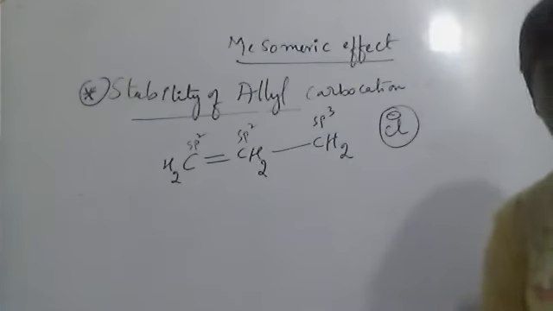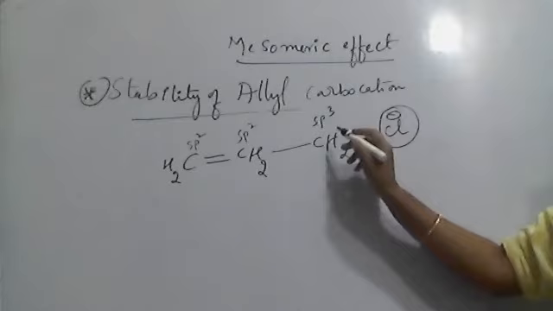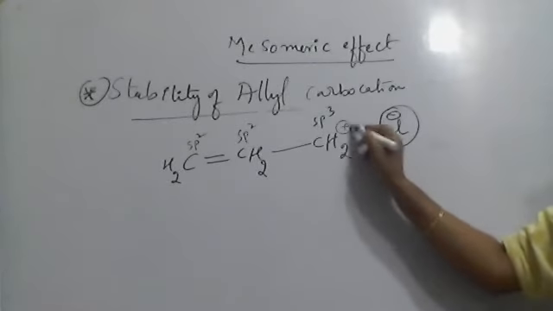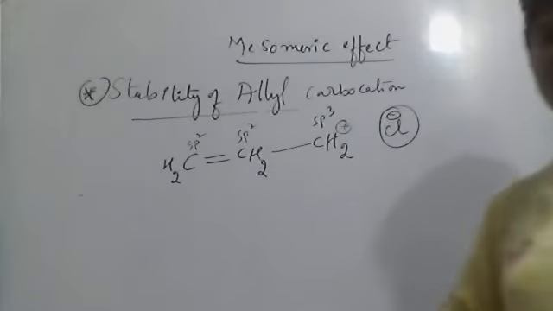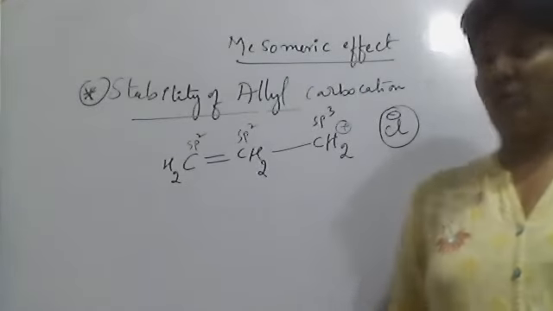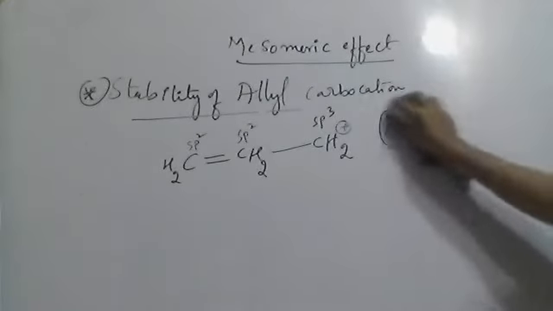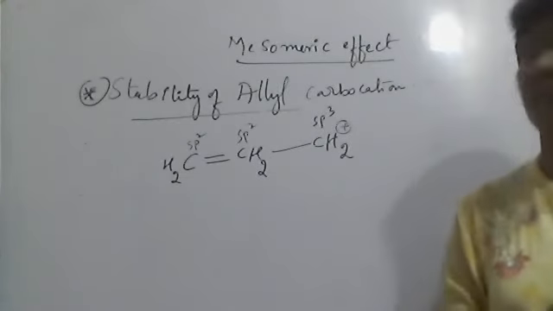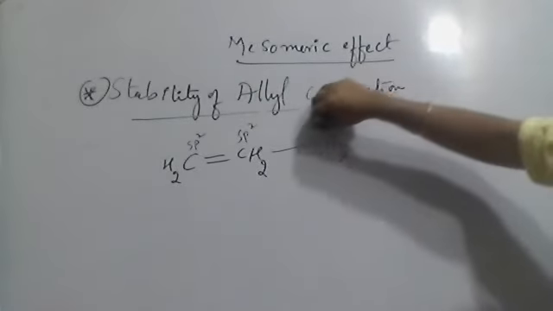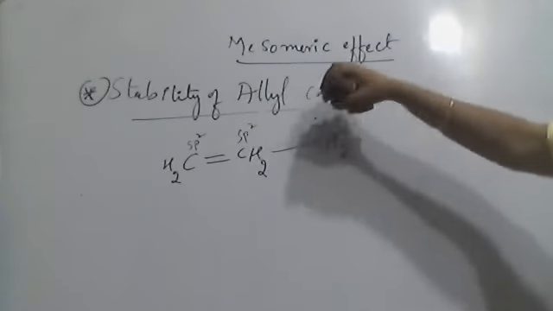The carbon that lost the electron is a positive ion, that is a cation, a carbocation. This carbocation is an allyl carbon.